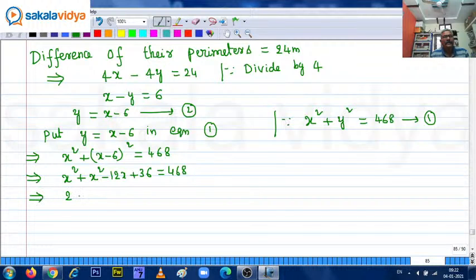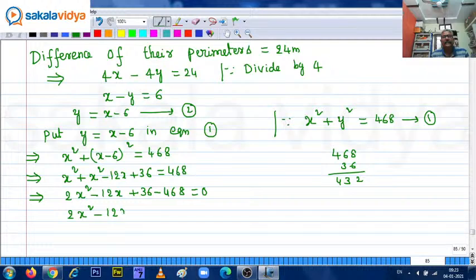This will be 2x square minus 12x plus 36 minus 468 equals 0. 468 minus 36 is 432. So 2x square minus 12x minus 432 equals 0.